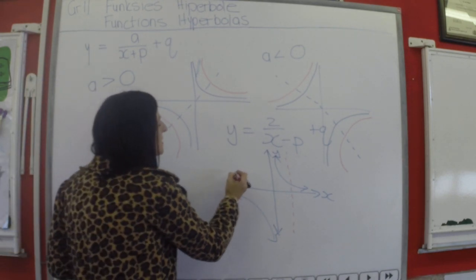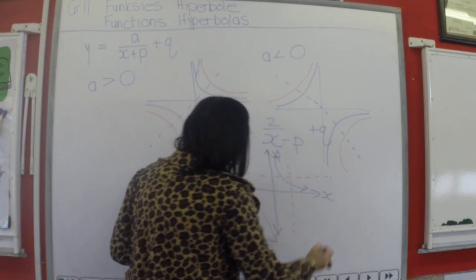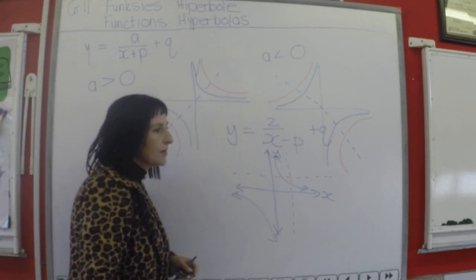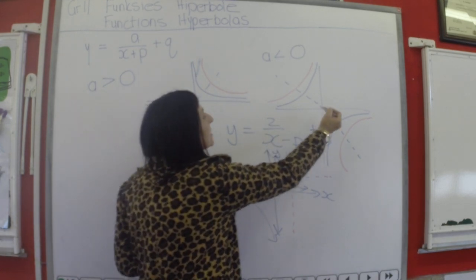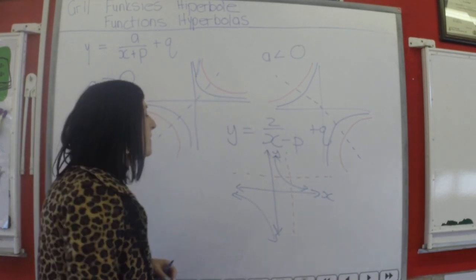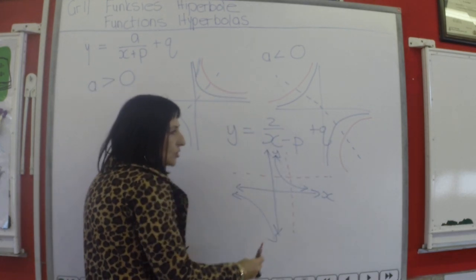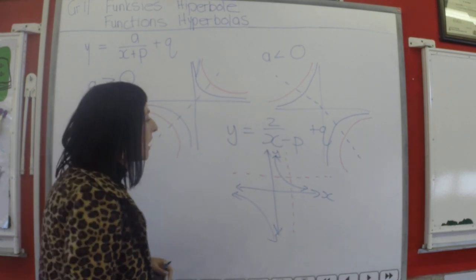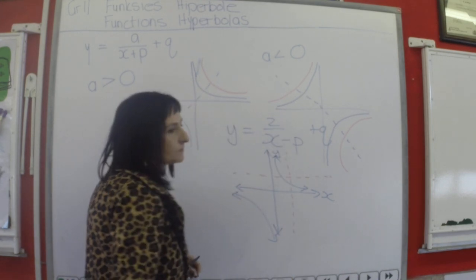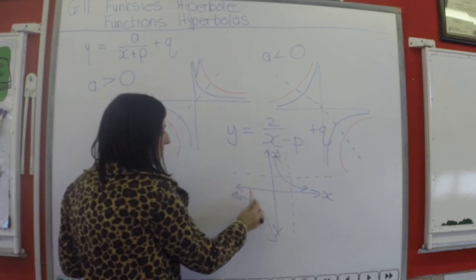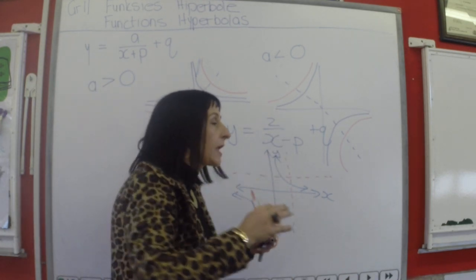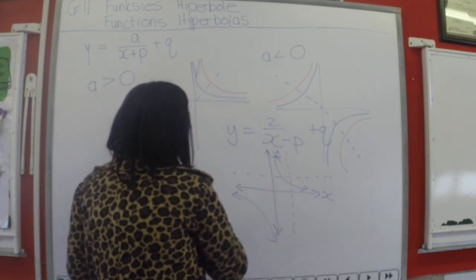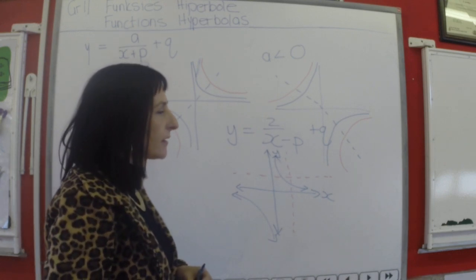En as hy opskuif, gaan my x-as ook nie meer my asymptoot wees nie, dan gaan hy mos opskuif. So if there's p and q parameters, then the asymptotes will not be the x and the y-axis anymore. Dan sal dit skuif. Dit sal skuif, my asymptote. So, my x-as sal denkbeeldig dan nou opskuif en my y-as sal dan links of regs skuif. Dit hang af wat se teken.